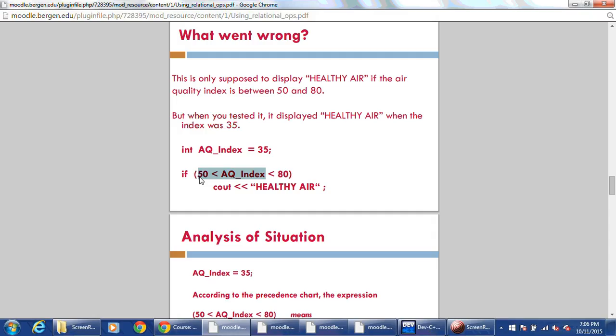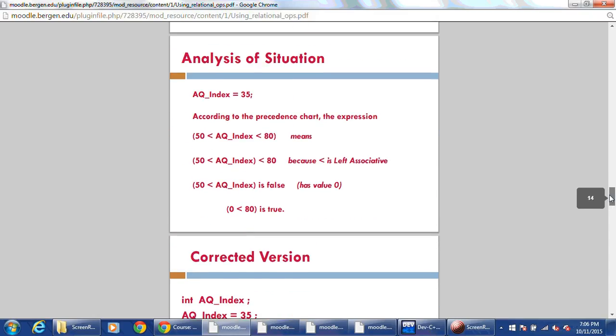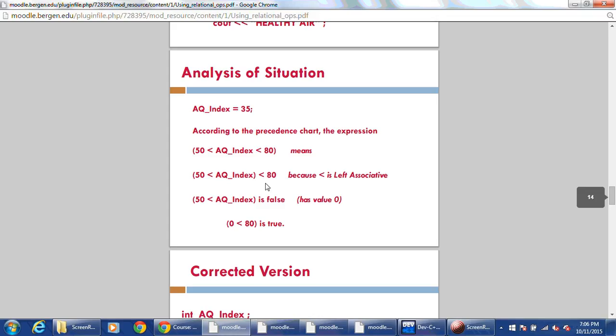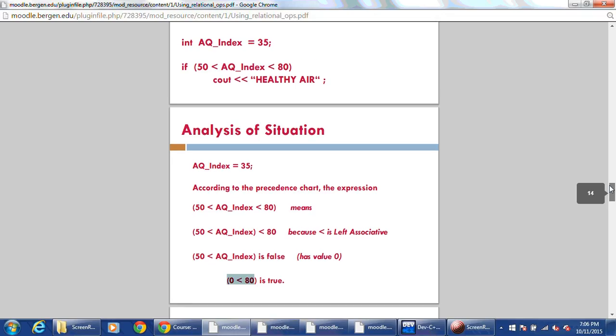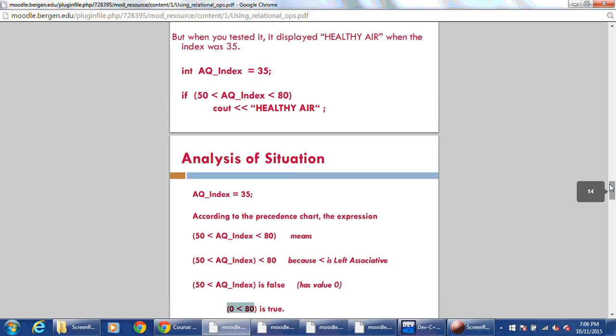It's not, so it's false. Then it's going to do false, which is 0, is less than 80. And that's true, right? Is 0 less than 80? This is true. So that's not the type of answer we want here.